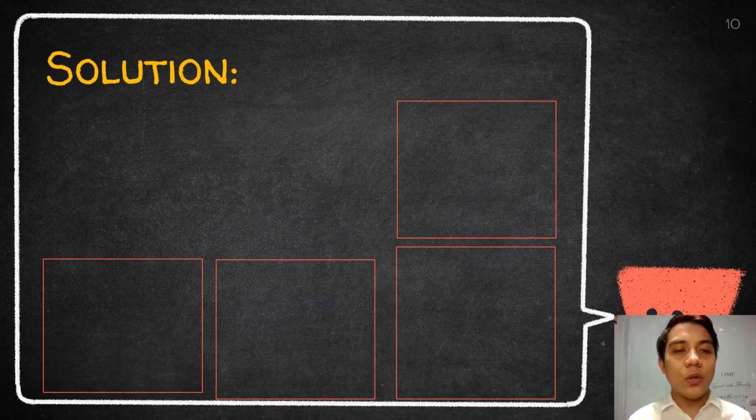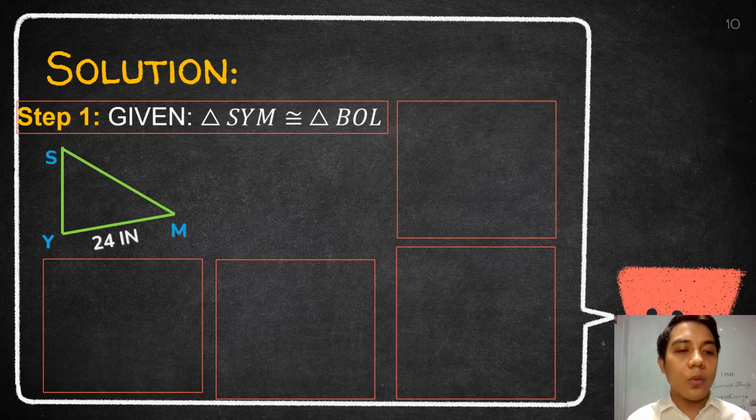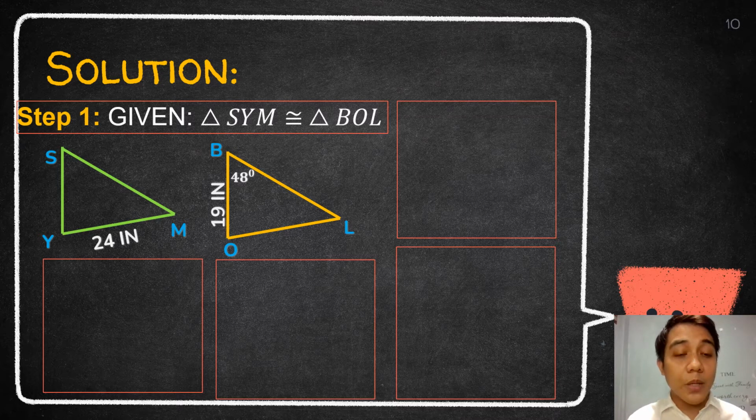For the solution of example number 2, step 1, given triangle SYM is congruent to triangle BOL, we have this illustration: triangle SYM with the length of YM equal to 24 inches, triangle BOL with the length of BO equal to 19 inches, and angle B equal to 48 degrees.